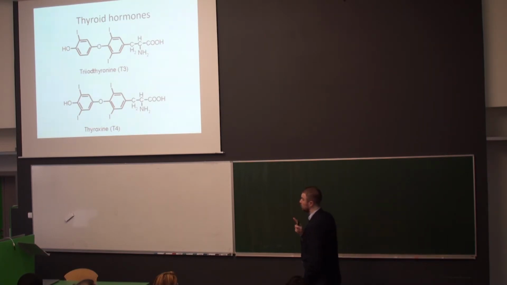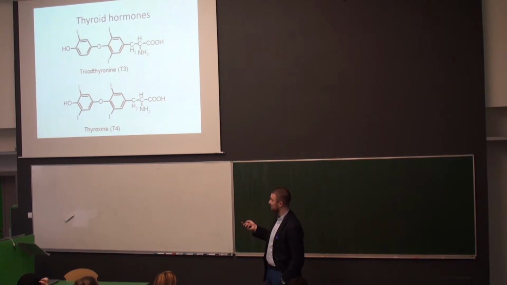And I can tell you that thyroxine is the precursor for triiodothyronine, since in some peripheral tissues you will cleave this iodine off and you will produce the fully potent thyroid hormone, triiodothyronine. But thyroxine itself has also some intrinsic activity, so it's a very similar story to testosterone and dihydrotestosterone.